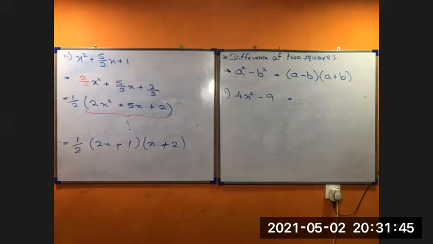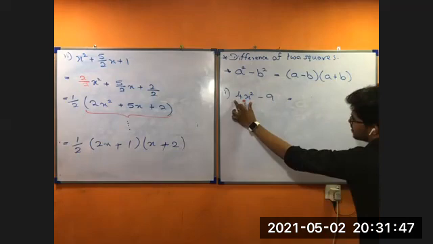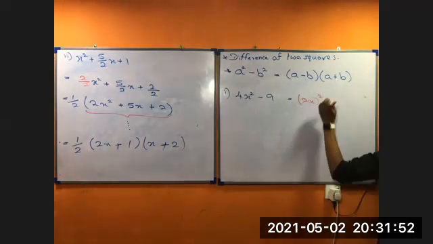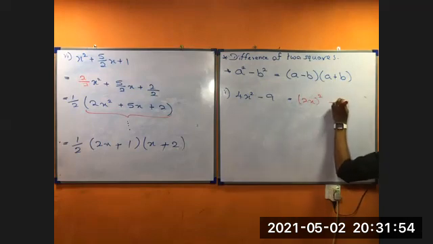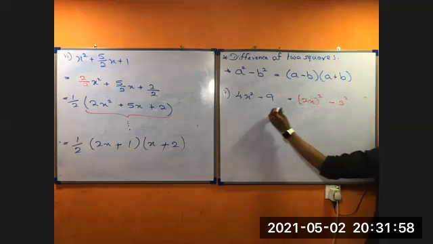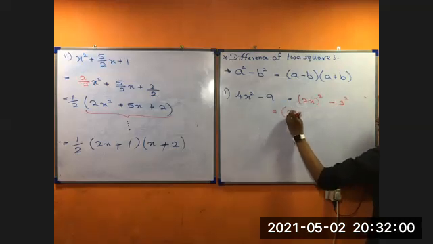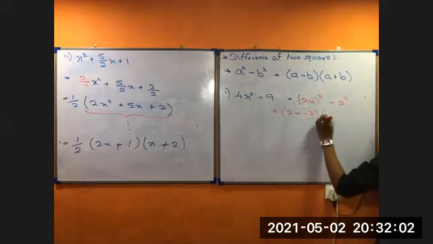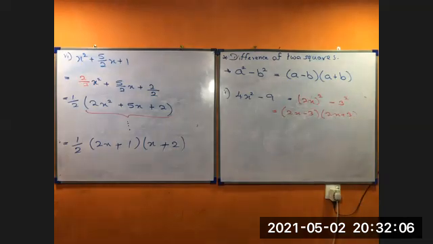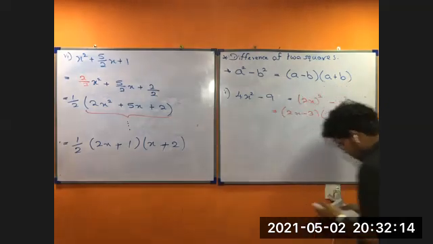Easy, right? So here you can write 4x squared means 2x, all things squared, and 9 means 3 squared, right? So now we have a difference of 2 squares. So it is going to be 2x minus 3, 2x plus 3. Okay, so then let's find the next one.